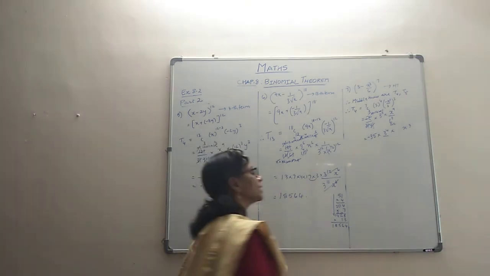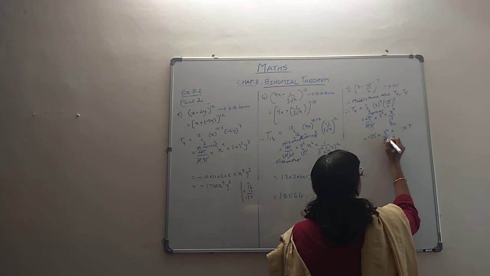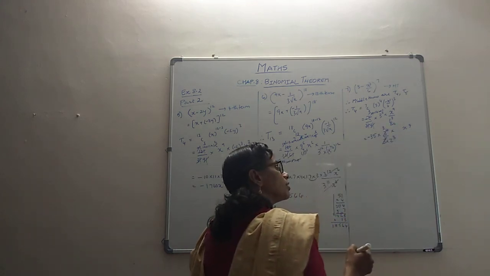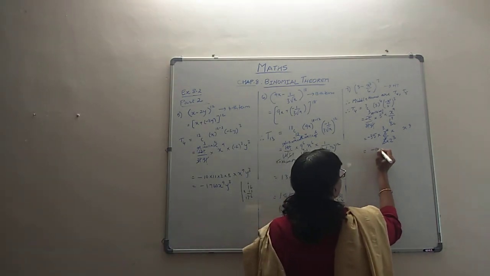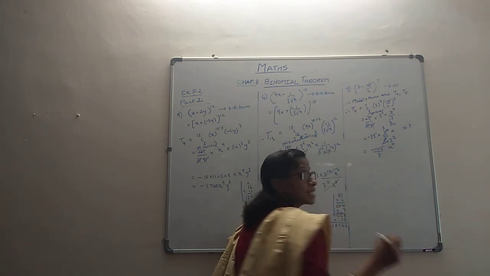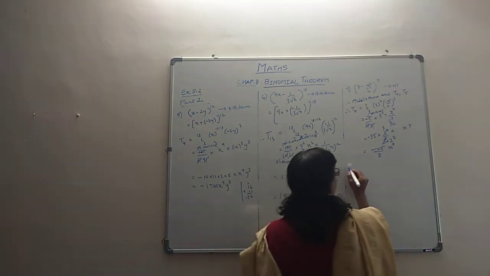So, writing 6 cube is like writing 3 cube into 2 cube. So that this can get cut, 1 3 will be left. 35 into 3, 5 3s are 15, 105, minus 105 by 8 x raised to 9 is one of the middle terms. We have one more middle term that we will find out, T5.